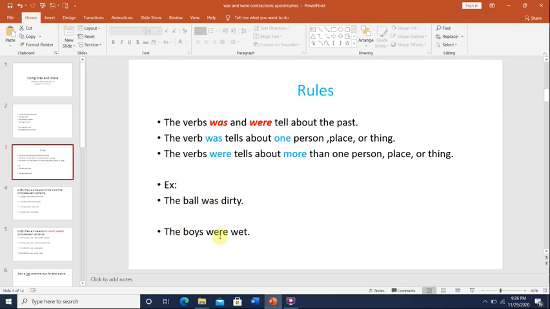In the past tense. Like yesterday, the ball was dirty. Last week, the boys were wet. So in the present tense, we use is and are, but in the past tense, we use was and were, when we want to tell about people or place or thing in the past.